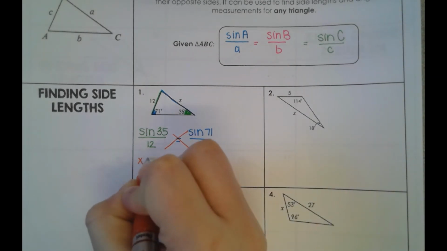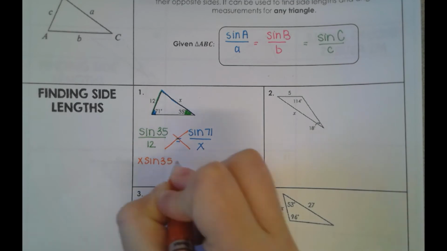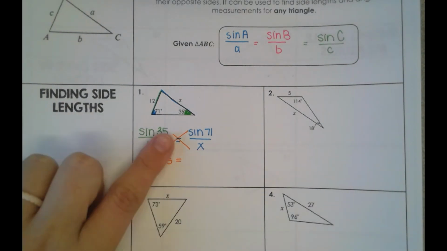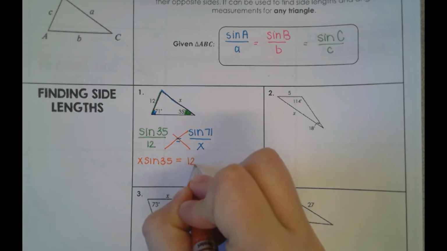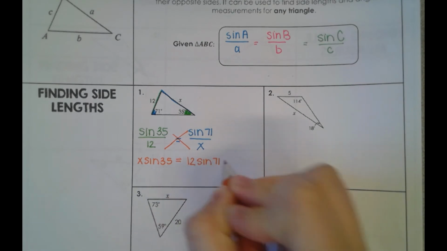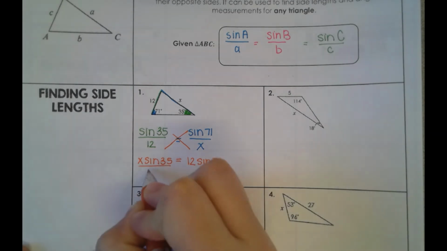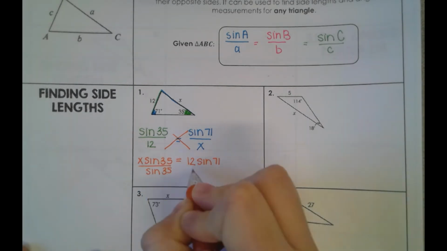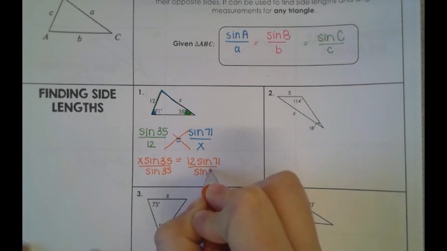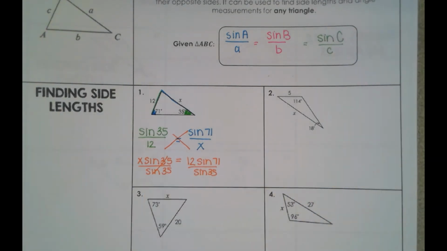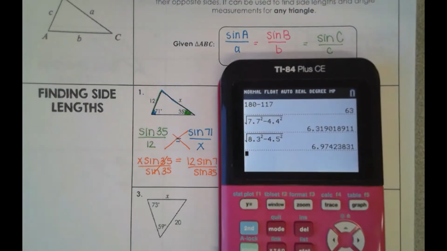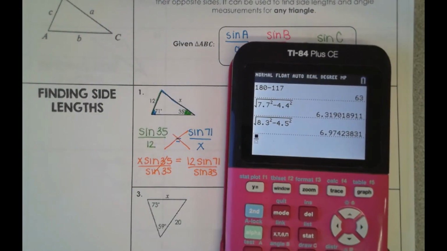So x sine of 35, so we multiply those two, equals 12 sine of 71. And then to get x by itself, we divide both sides by sine of 35. And you can do that all in one step on your calculator: 12 sine of 71 divided by sine of 35.